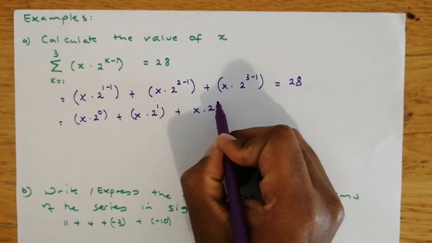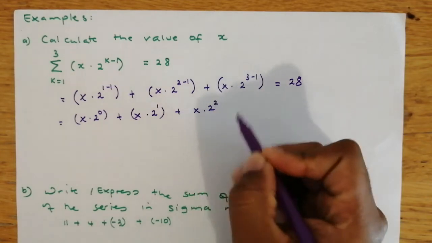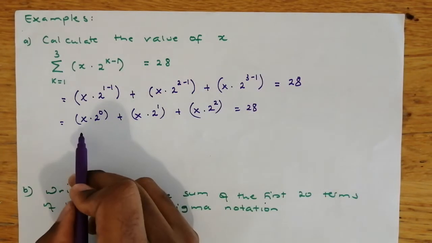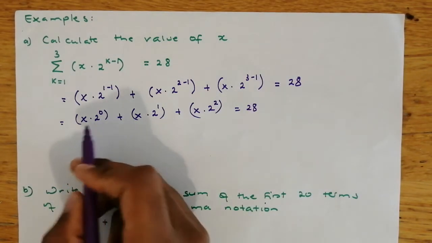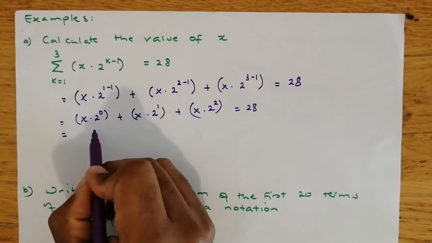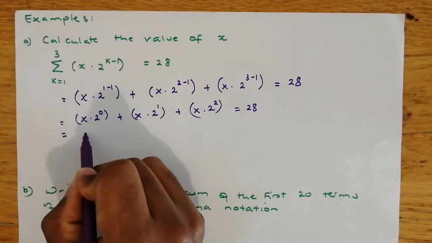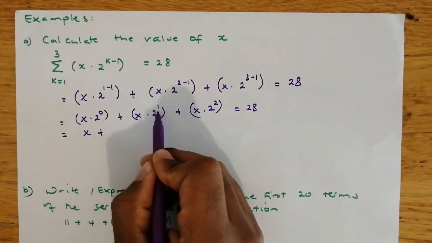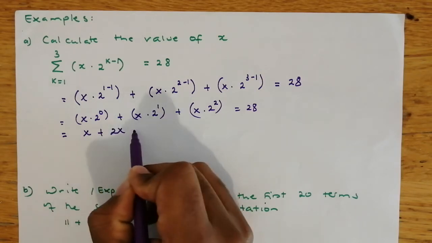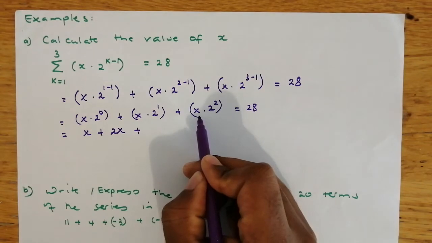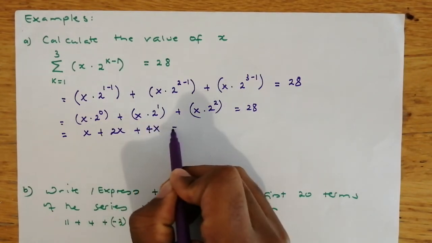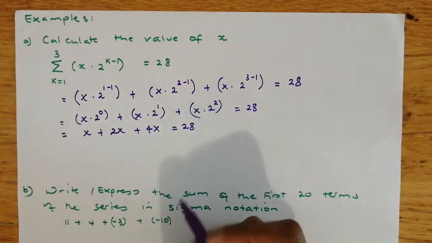That equals 28. So x multiplied by 2 to the 0, and 2 to the 0 is 1, so that is x, plus x multiplied by 2 to the 1, that is 2x, plus x multiplied by 2 squared, that is 4x. This equals 28.